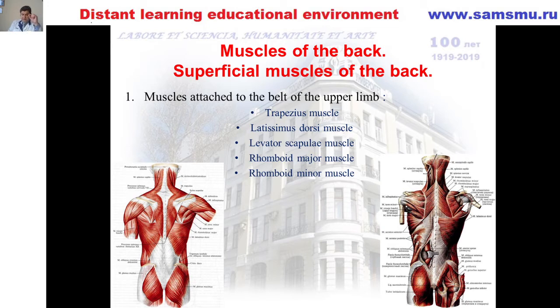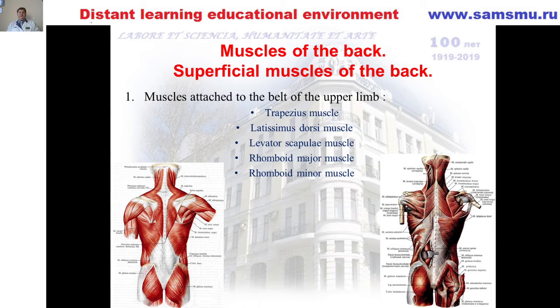The lesser muscle starts from the cervical vertebrae and the greater muscle starts from the thoracic vertebrae, and they are inserted into the medial border, you may see on this picture, of the shoulder blade below the spine of the scapula.